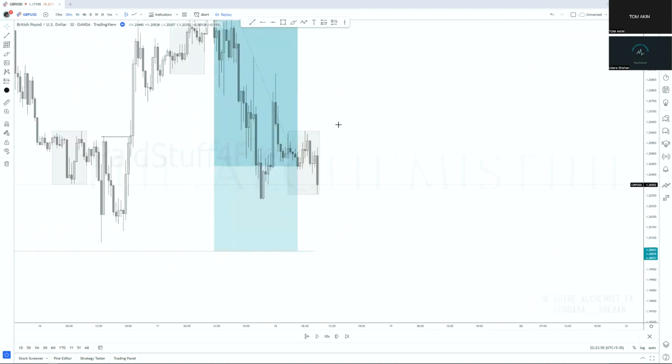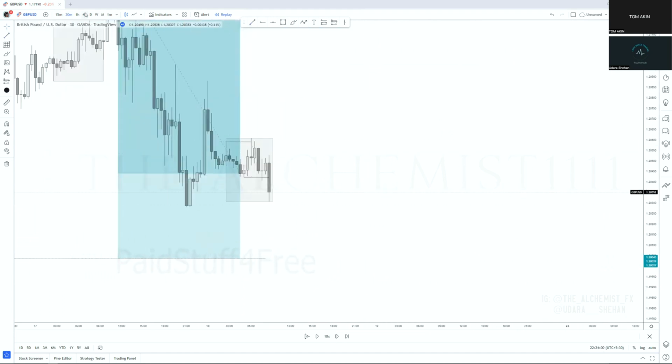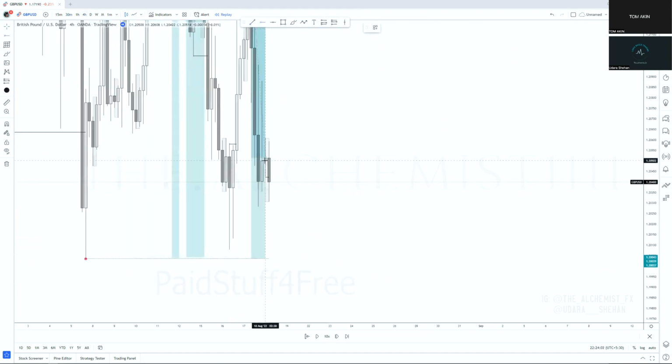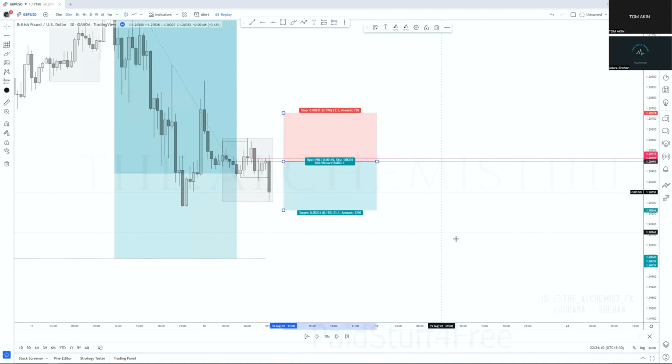What did Asia do? Asia created a strong high. Liquidity taken, structure broken. Can you see it? Asia created a strong high. So on the 4-hour time frame, we got an order block and a rejection block. Then what I did was sell it here with London kill zone, stop loss above both the POIs.